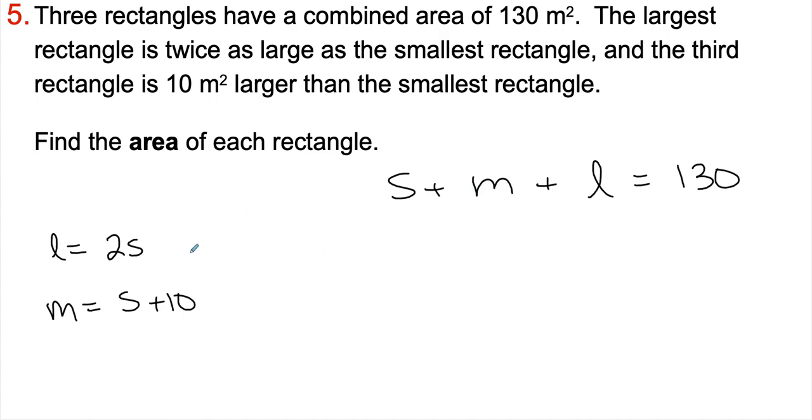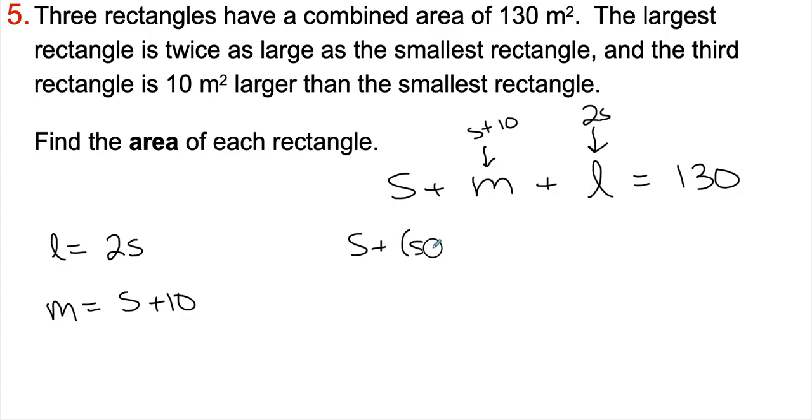X, Y, Z. Okay? But this is going to be kind of similar to the stuff I did before, where we said we have L is equal to 2S. Well, we got an L there, so we would throw that 2S in there. And M is equal to S plus 10, so we can throw that S plus 10 where that M is, and then we rewrite it. So, and I probably don't need parentheses.